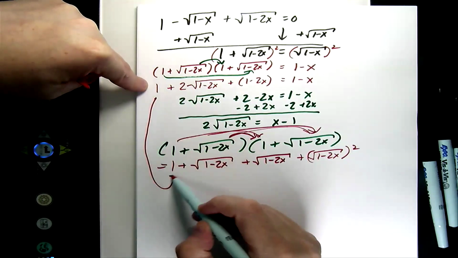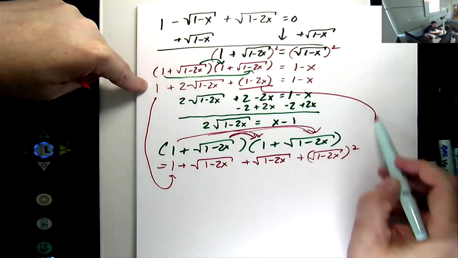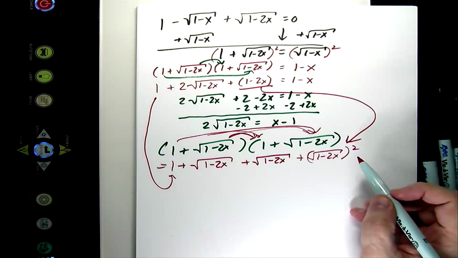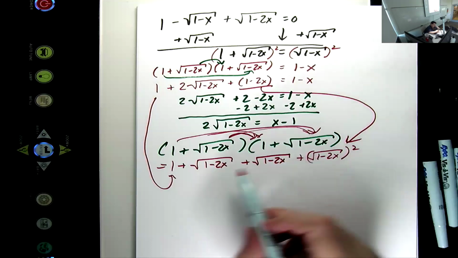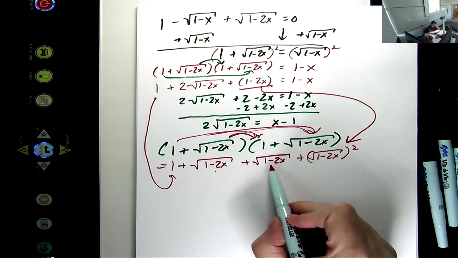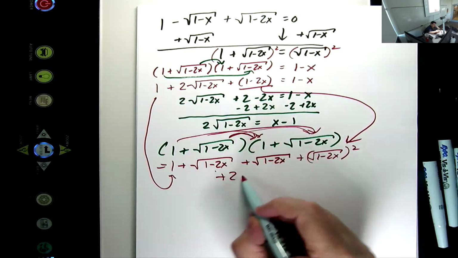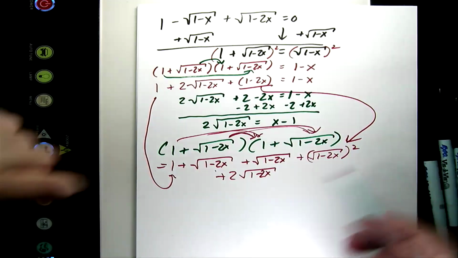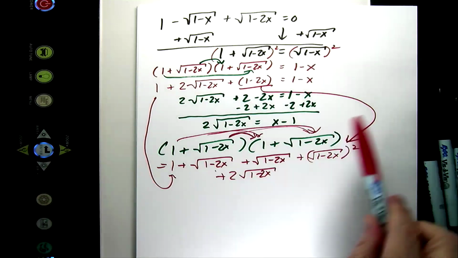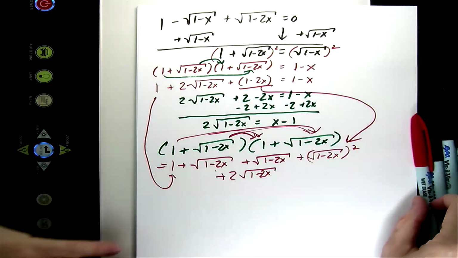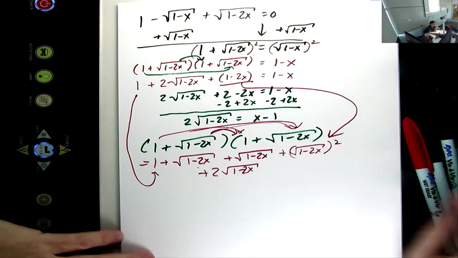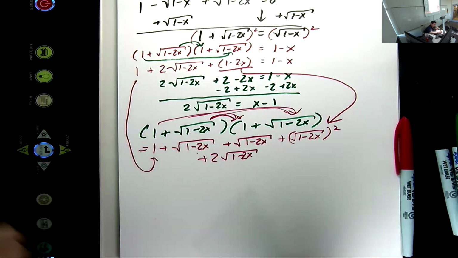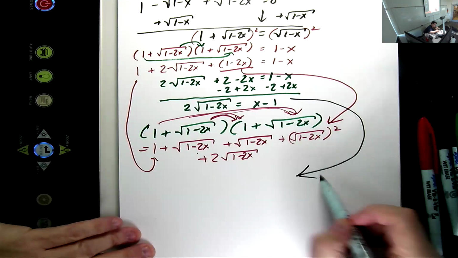This 1 minus 2x is that. I have 1 of these plus 1 of these makes 2 of those. Oh, okay. That makes sense now. Thank you. All right, back to where we were at.